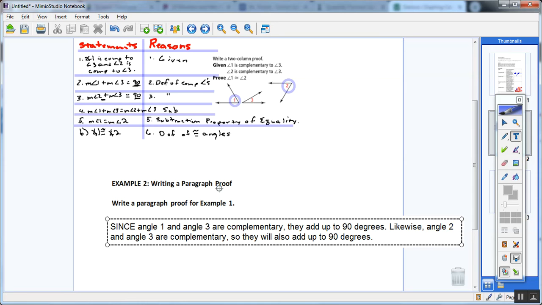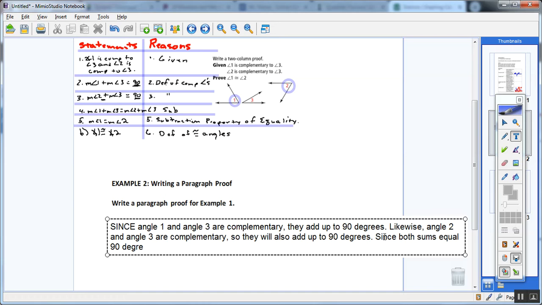Okay, so I'm going to say since both sums equal 90 degrees, we can say that they are equal. Angle 1 plus angle 3 must equal angle 2 plus what, kids? Angle 3.